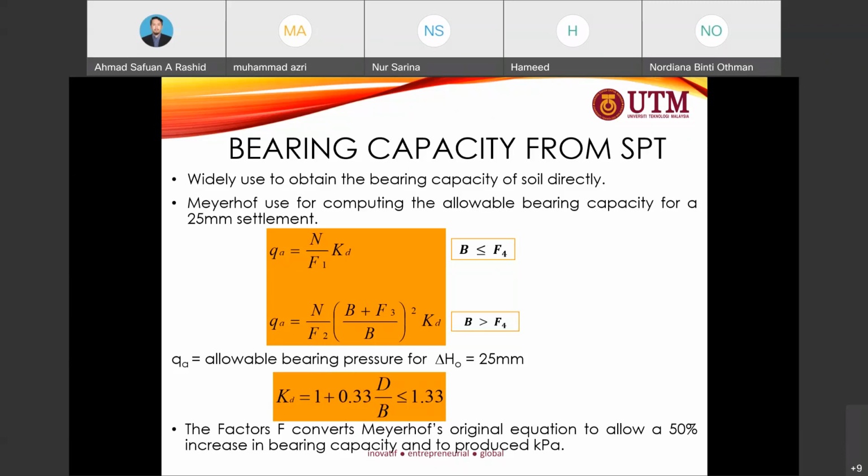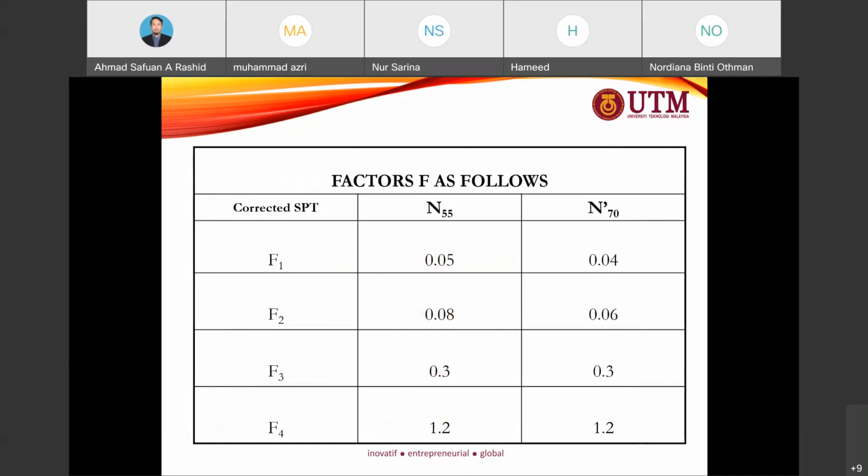QA is the allowable bearing capacity for a differential settlement of 25 millimeter. KD is 1 plus 0.33 D over B and should be less than 1.33. The factor F converts Meyerhof's original equation to allow a 50% increase in bearing capacity and to produce kPa. So that is how we estimate the bearing capacity from the SPT. This is the value for F1, F2, F3, and F4.